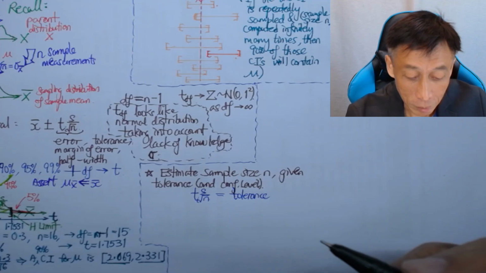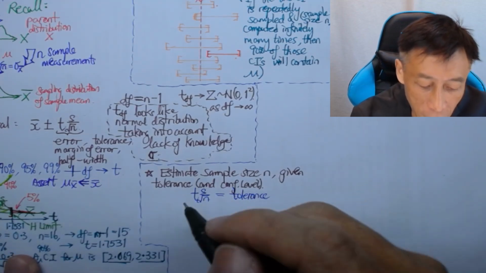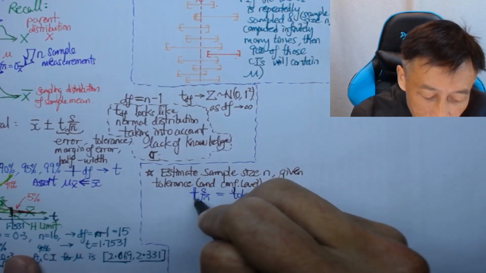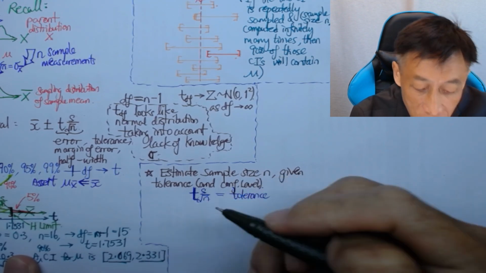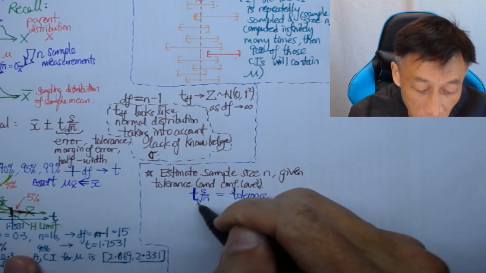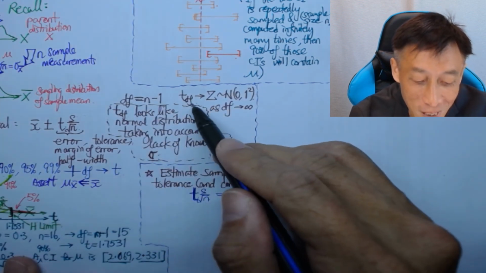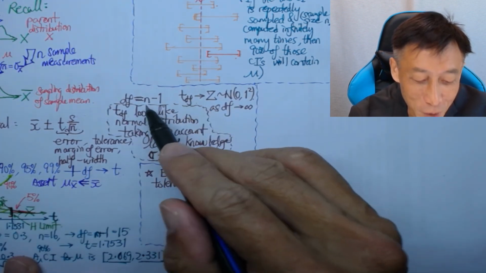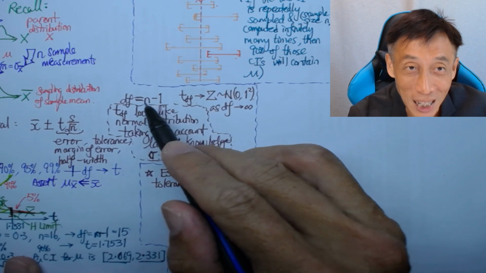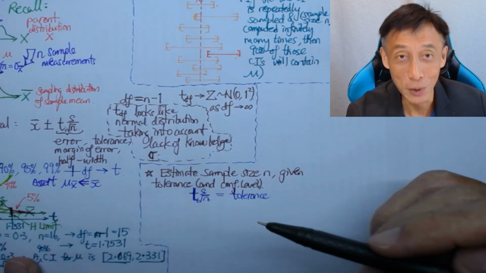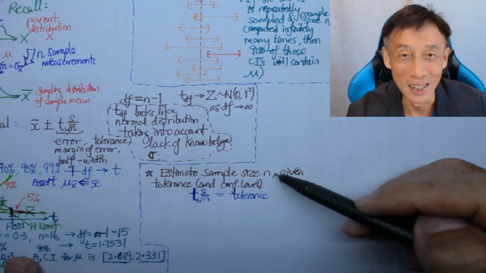Now, be careful here, however, that the number t itself can only be determined if we know the degrees of freedom. So actually it's t of df, and df is n minus 1. But n is the number that we want to know. We're trying to determine n.